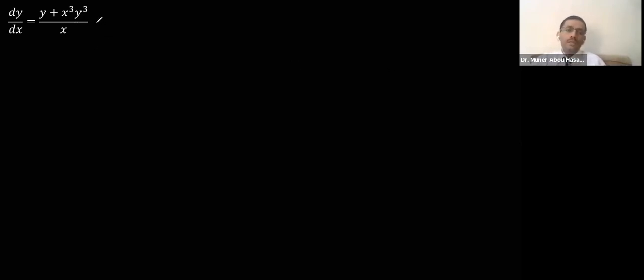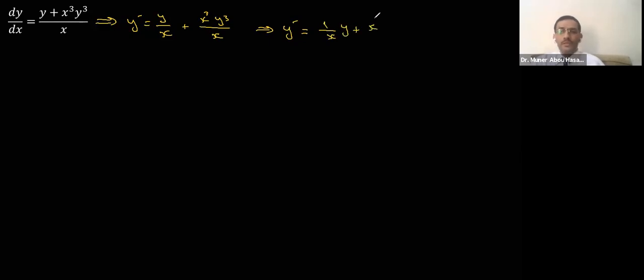I'm going to write y prime equals y over x plus x cubed y cubed divided by x. To simplify, I'm going to write y prime equals 1 over x times y plus x squared y cubed.